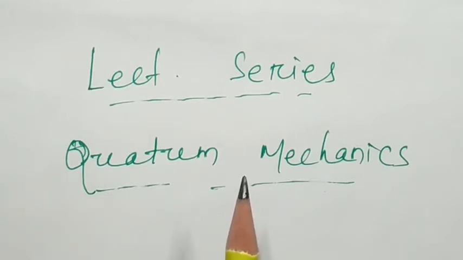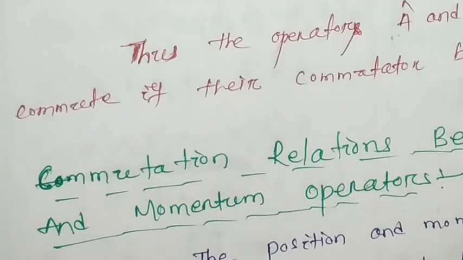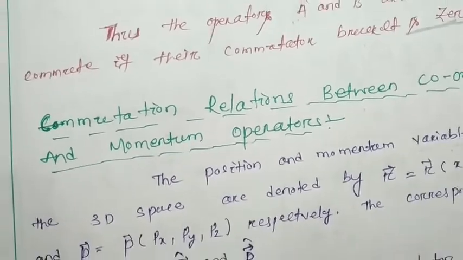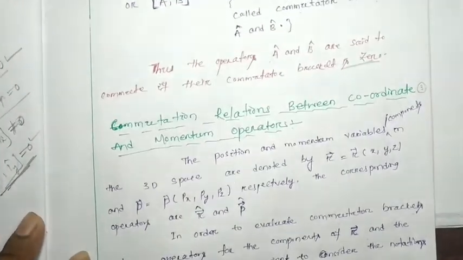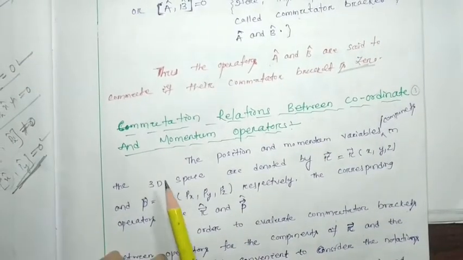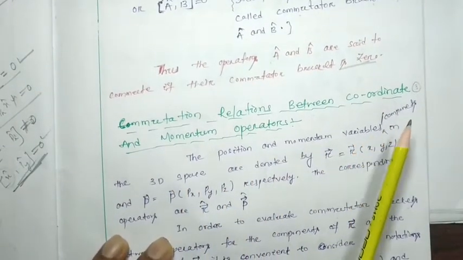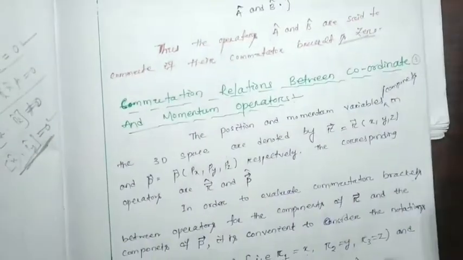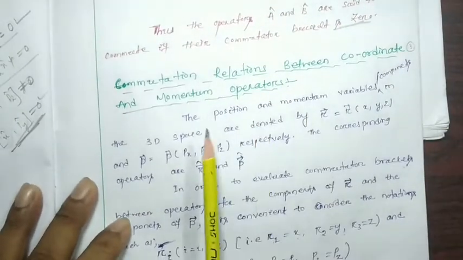Today we are going to discuss commutation relations between coordinate and momentum operators, both in coordinate space and momentum space. It is somewhat interesting, and you have to watch carefully.